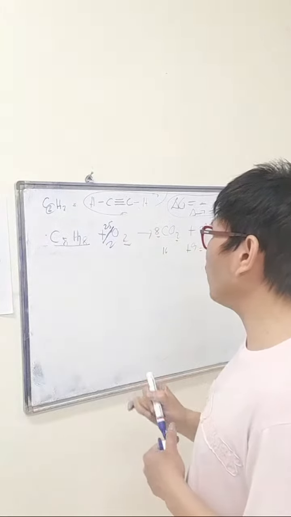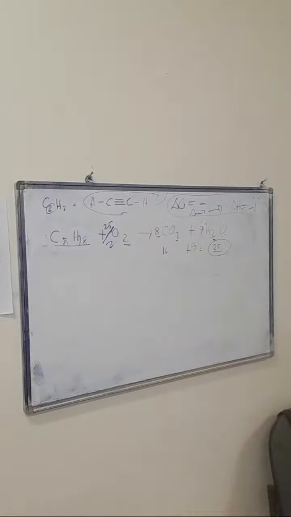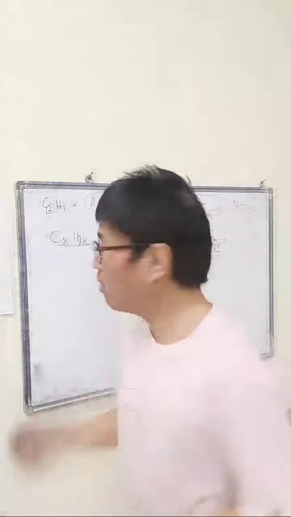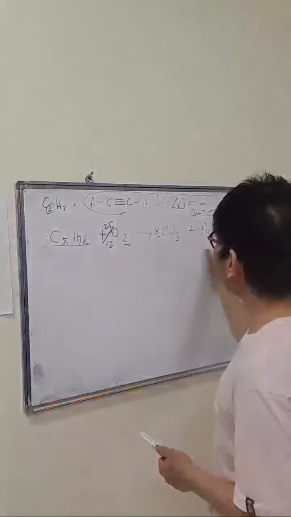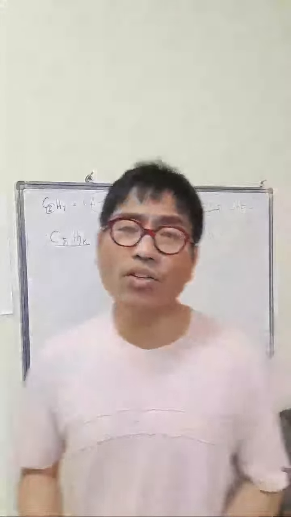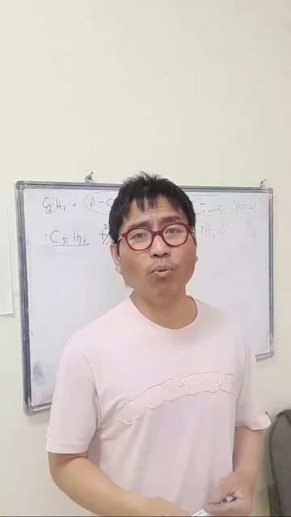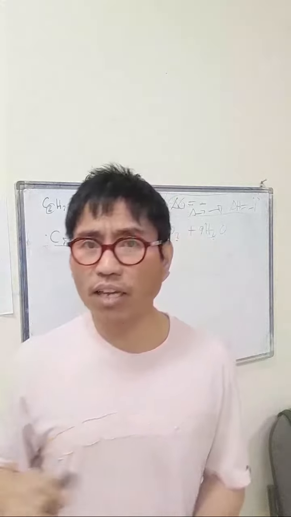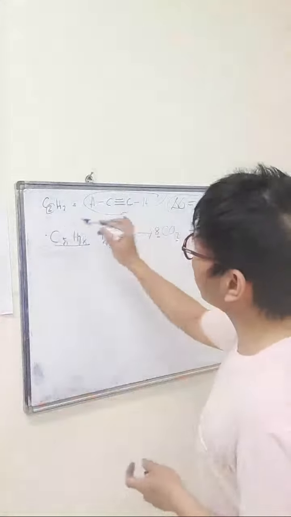Now, what will happen if you have it like this? Okay, so 25 over 2, that is divided by 2, no? So, in this case, we apply math again. Multiply both sides with the denominator so that the fractional form will be converted into a whole number only, not a fraction.